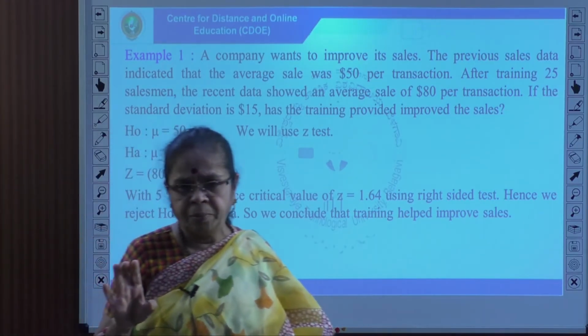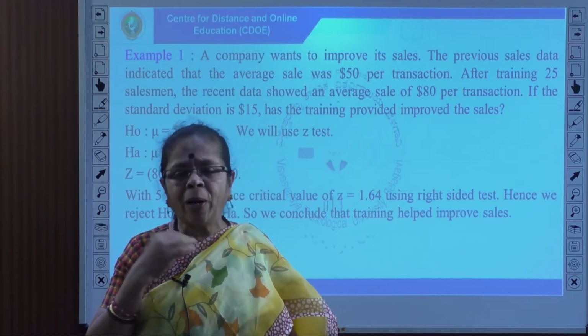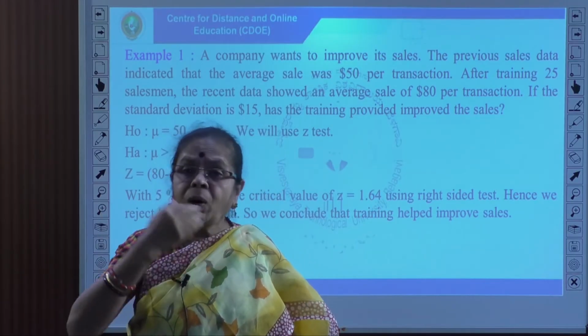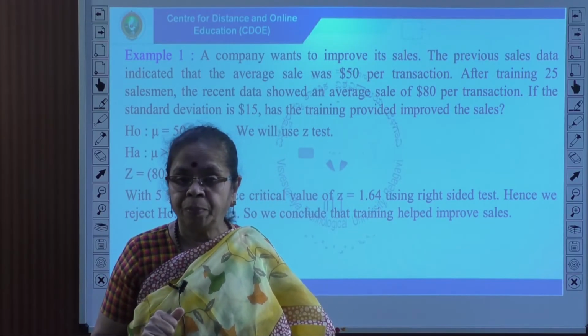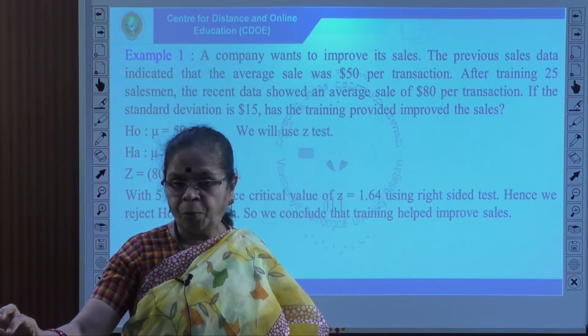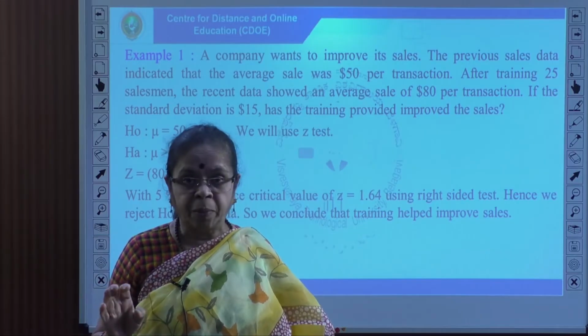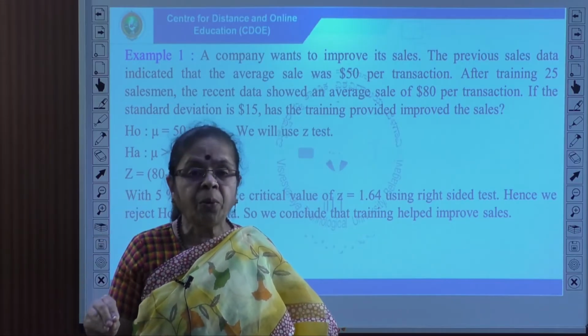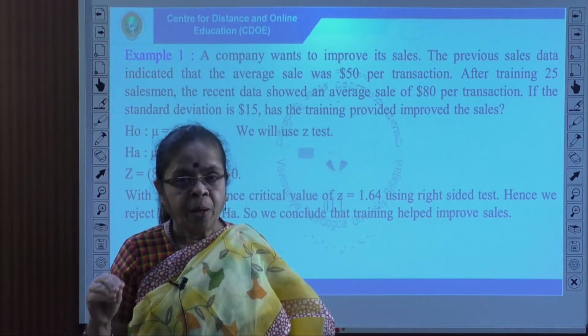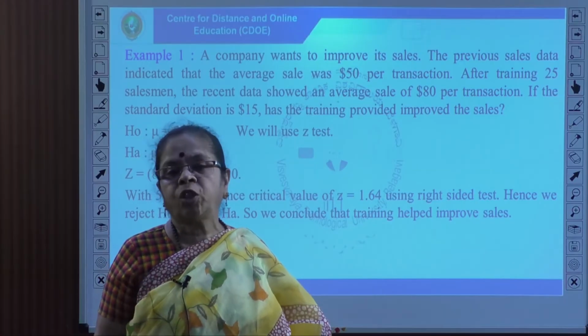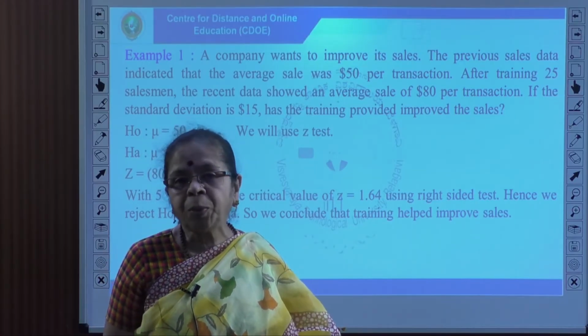Understand the problem here. I know the average value has been 50. I have not trained all the salesmen; I have trained only 25 of them. By training 25 salesmen, I have found that the transaction value has increased to $80 per transaction.